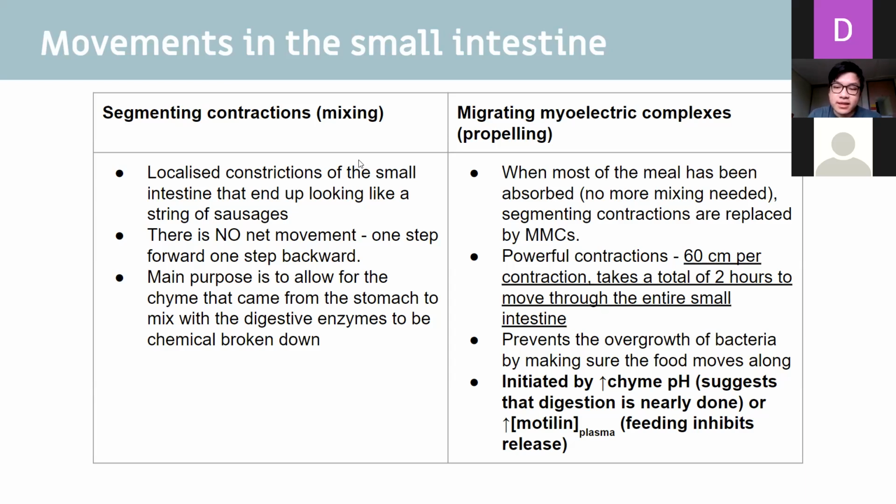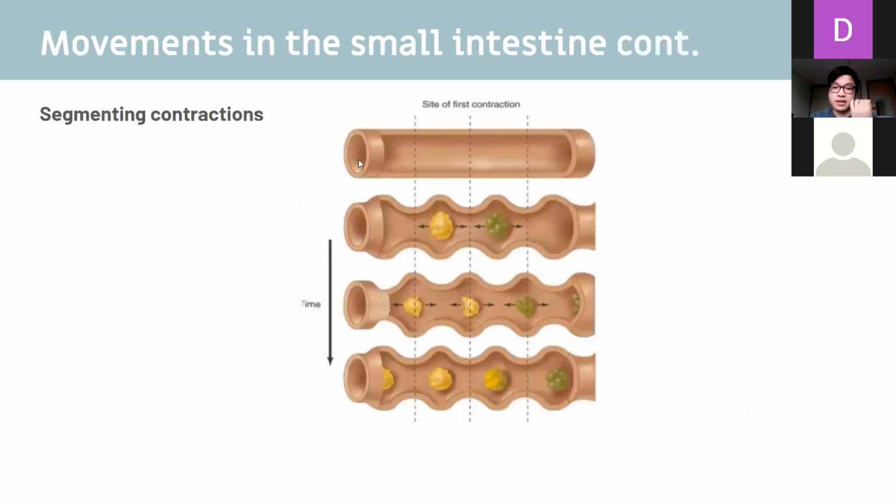Or an increase in a hormone called motilin in the plasma, which I think will be learned later in nutrition, but feeding essentially inhibits its release. So once it rises, it's a signal that everything's done, feeding is completed, so it's time to move on. Here's just an image once again of the segmenting contractions in the small intestine.